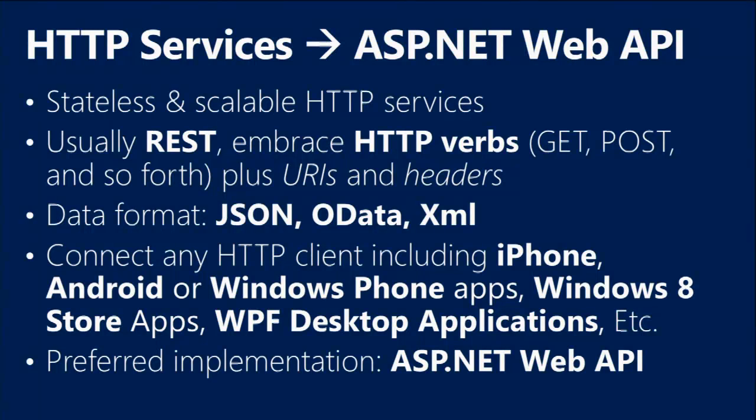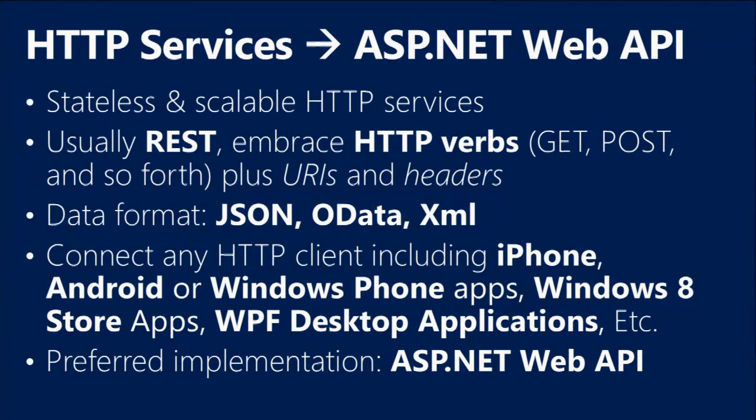Also, in the future you're going to be able to run Web API services, and that's something new, out of IIS using Owin and Katana, which are the beta names of your own lightweight web service.